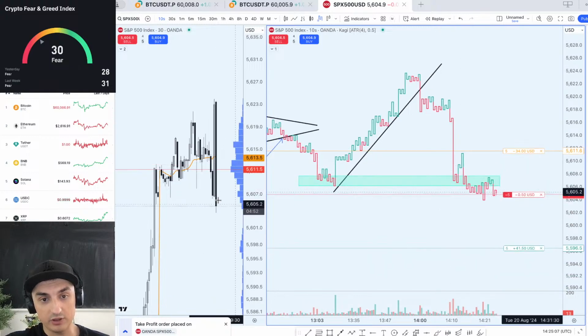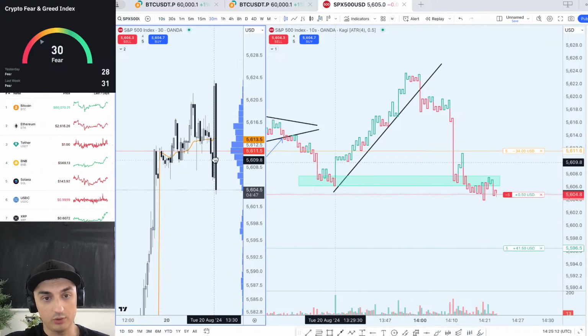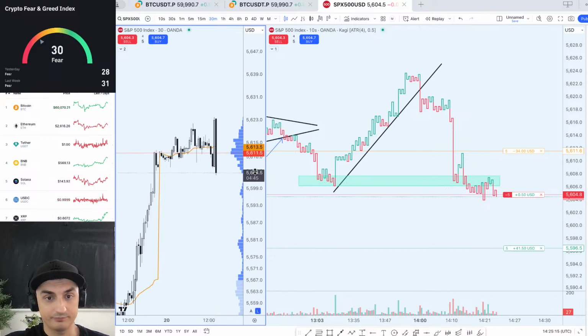So we just need this inflection point from 5,600s to go below.